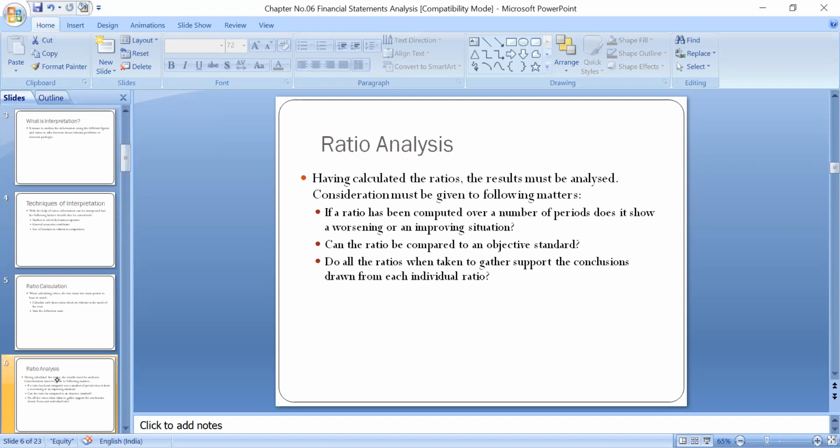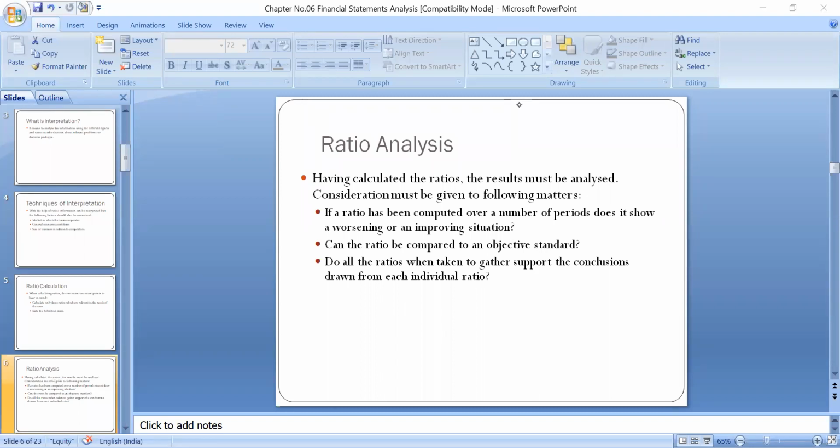For example, if we have calculated the ratios for the previous 3 years, for 2017, 18, 19, then by comparing these 3 years we can easily evaluate the performance or position of an organization, whether it is going good or bad.